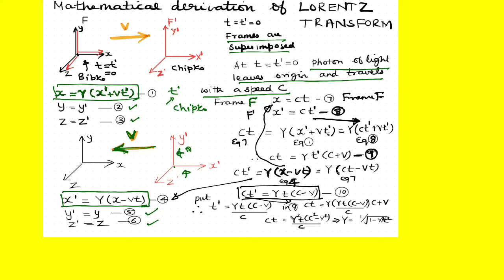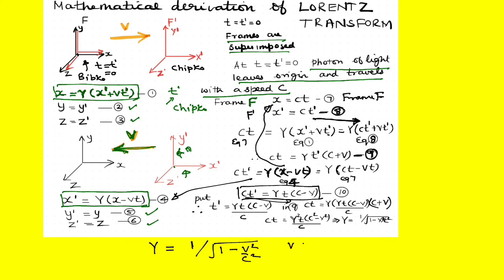So this comes from the previous equation, gamma into t into c minus v by c into c plus v. Once we get that, this is substituted in equation 9, then c plus v into c minus v gives c square minus v square, and thus we get this equation: gamma is equal to 1 upon square root of 1 minus v square by c square.